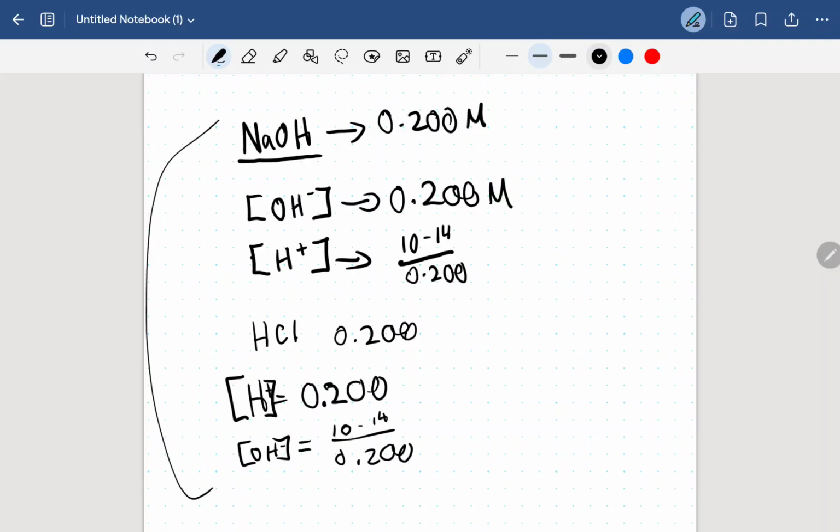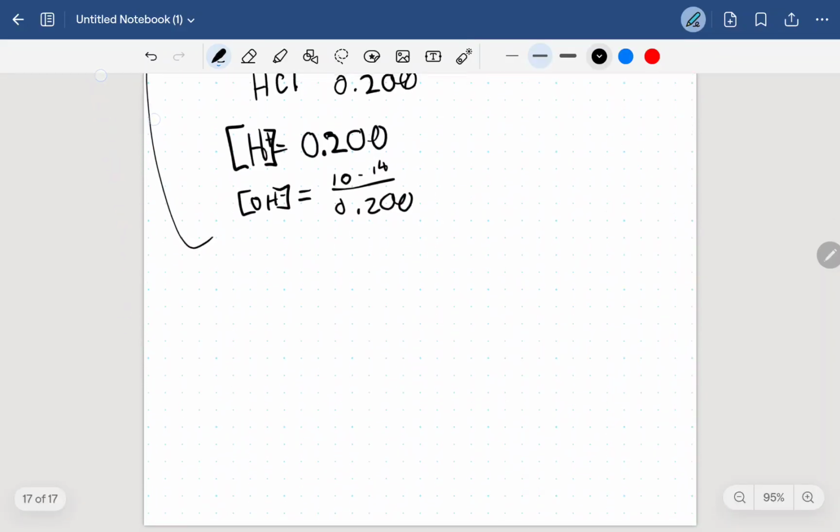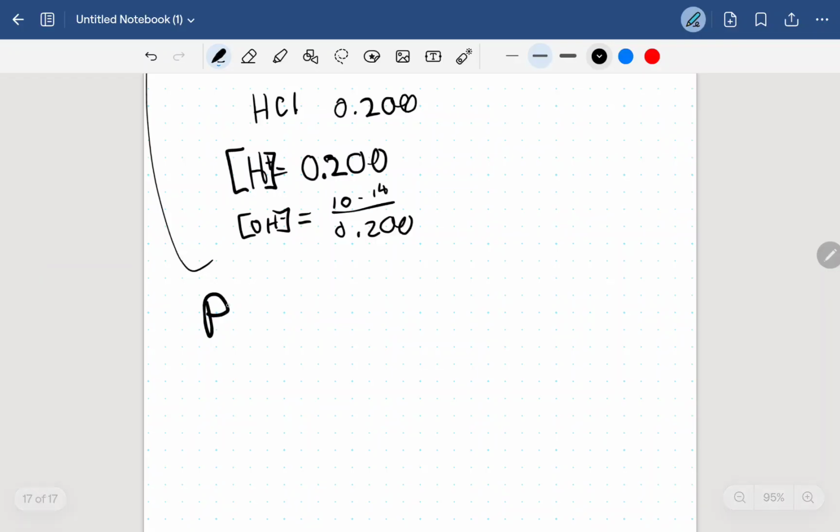So this is how you calculate them. Now pH has this formula. pH equals negative log of the concentration of H plus.